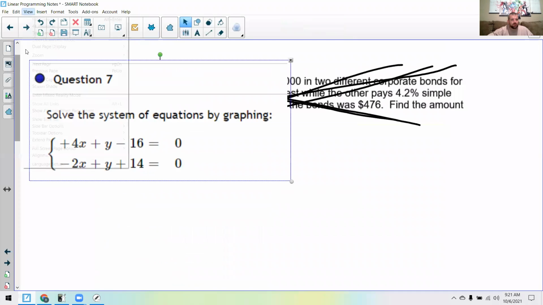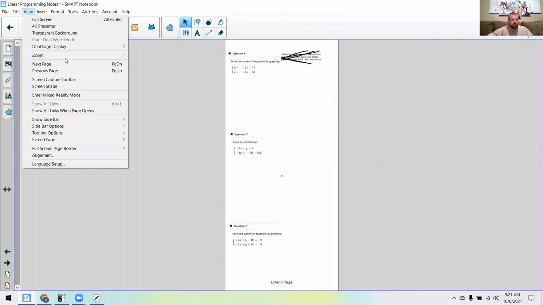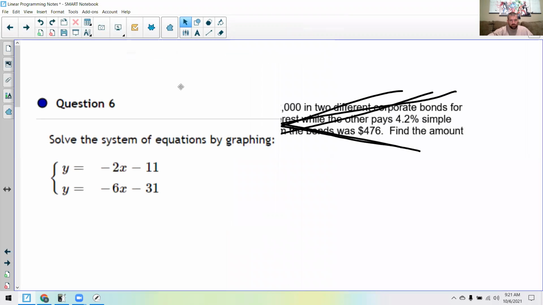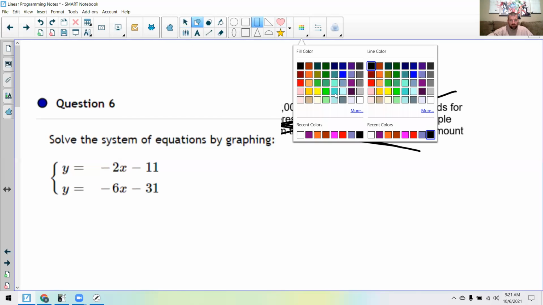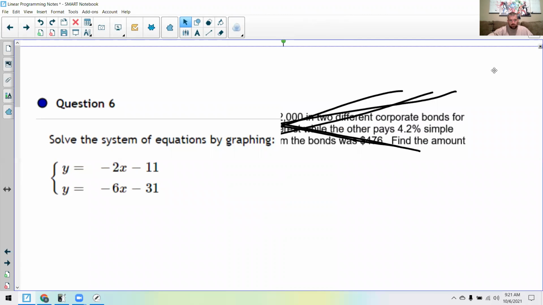Okay, give me 1 second just to set this page up. Actually, we can just do it like this. There's plenty of space. Okay, and I will cover that up.